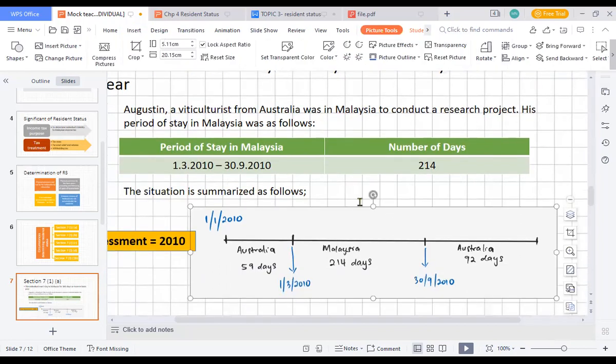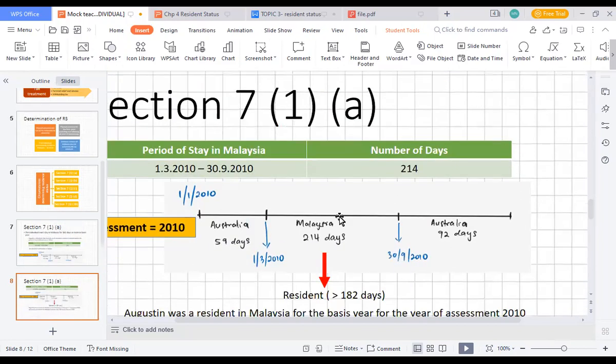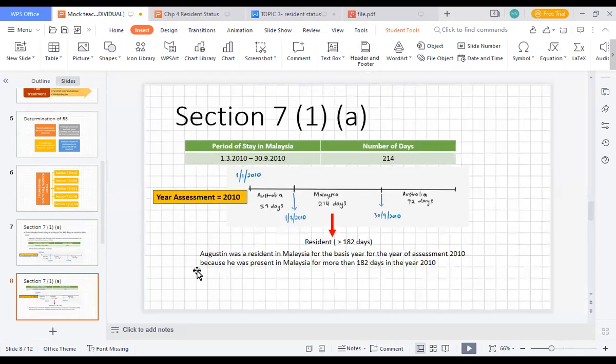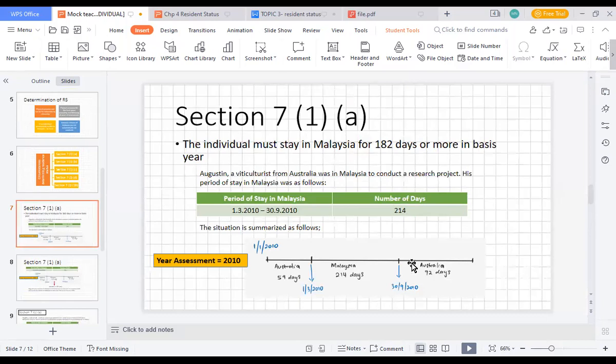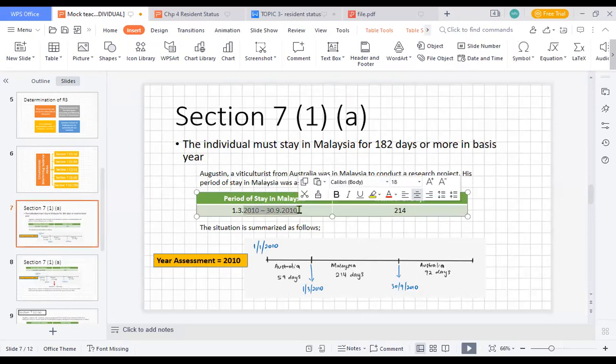So in summary, I suggest you draw a timeline to determine whether this person is a resident or not, so it is clearer. The year of assessment is the year the person stays in Malaysia, so 2010.